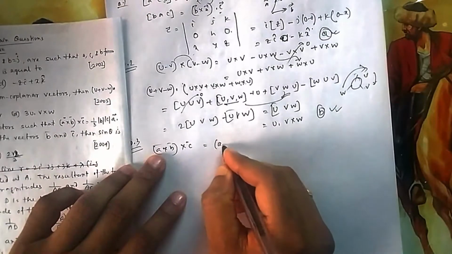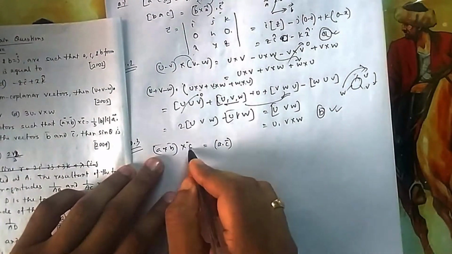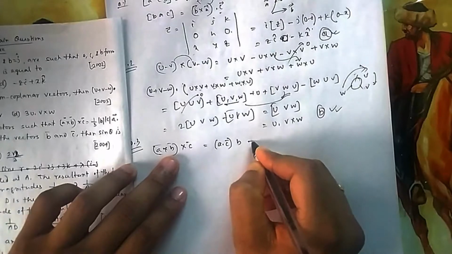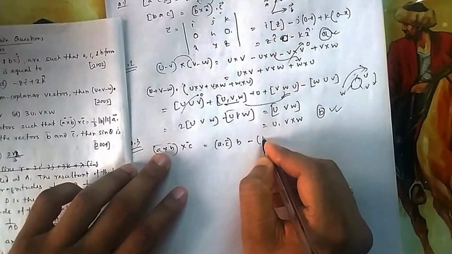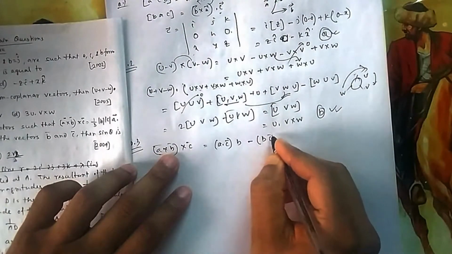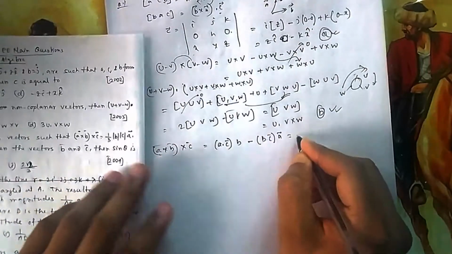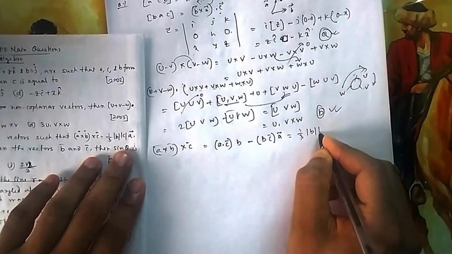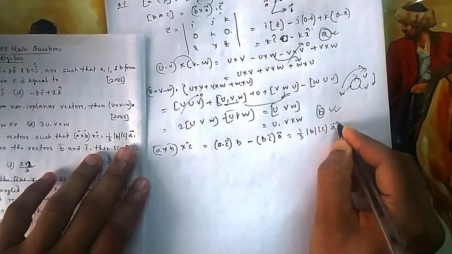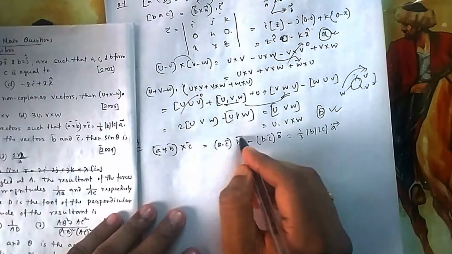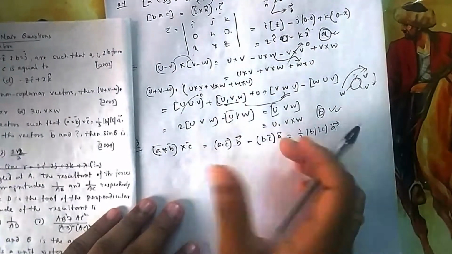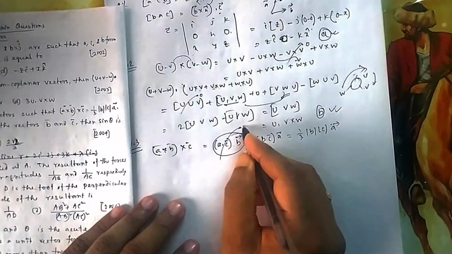First you take care of the farthest bracket, that is A dot C times B minus B dot C times A, which is equal to 1/3 magnitude of B, magnitude of C, then vector A. So obviously this will be 0 because the vector should be the same, that means this portion is 0.